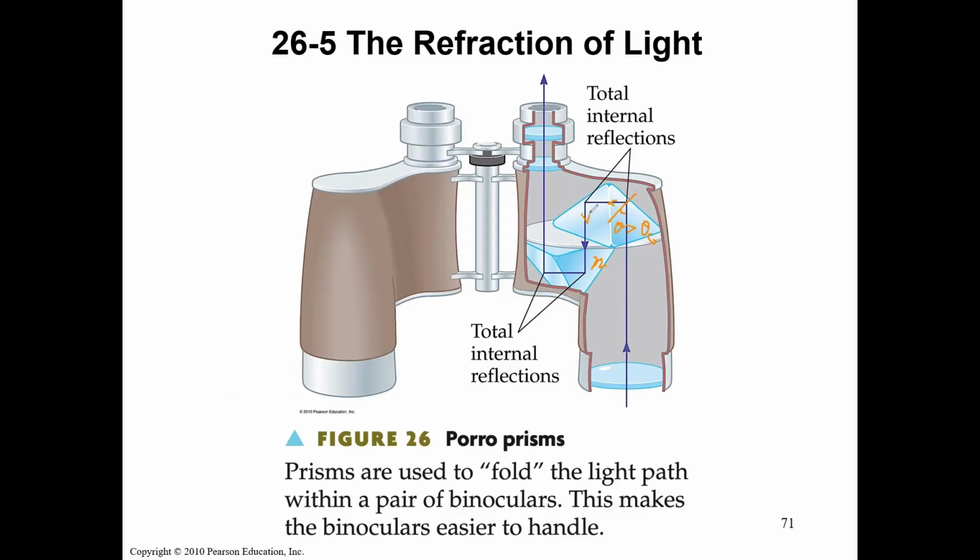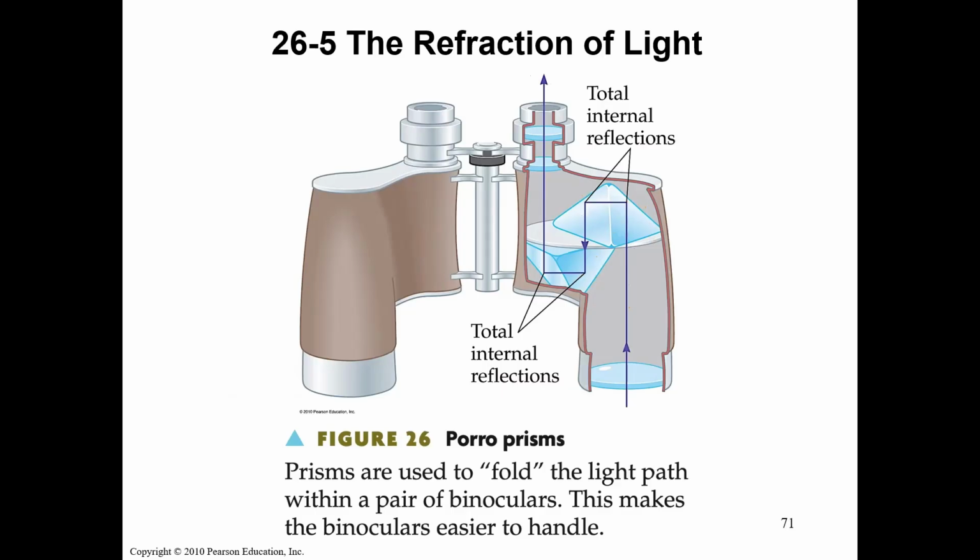It goes through a few total internal reflections: one here, a second one here, a third one here, and the fourth one here. This way you can change the light path from here to here. So if you have an object outside, you can image it into your eye. You can shift it by a certain distance and send it to your eye without losing too much light.